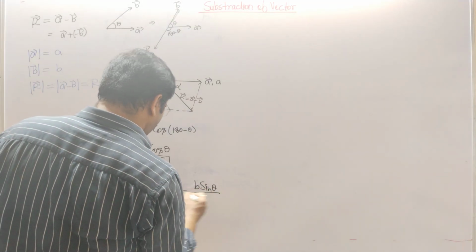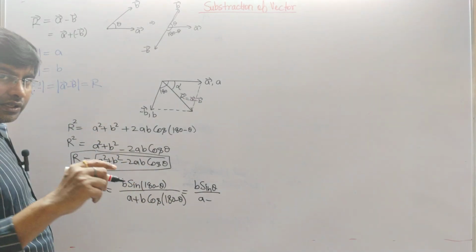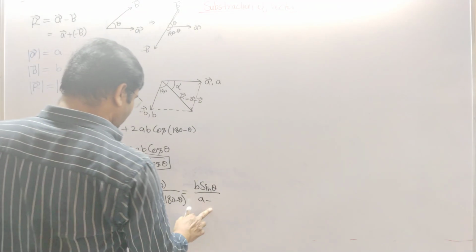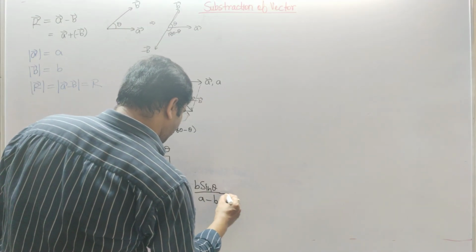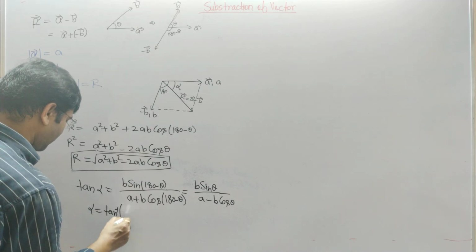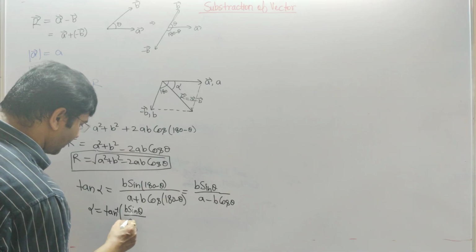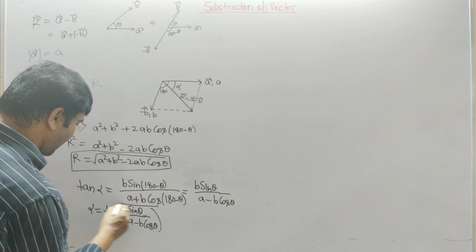So this is sin theta upon A, and cos of 180 minus theta is minus cos theta. So this will be minus cos theta. So I am getting alpha equals tan inverse of B sin theta upon A minus B cos theta. So this is the direction I am getting.